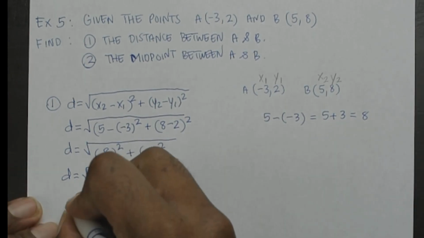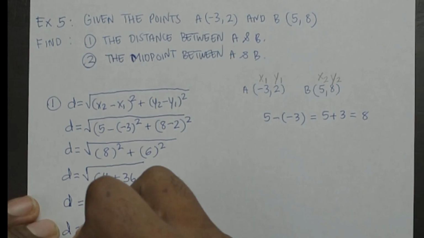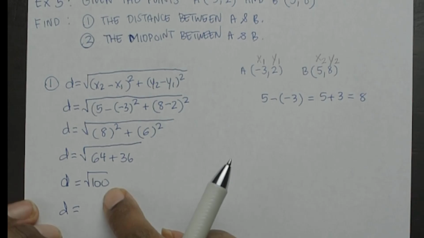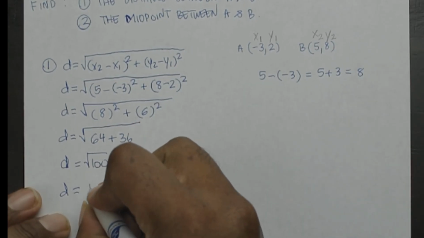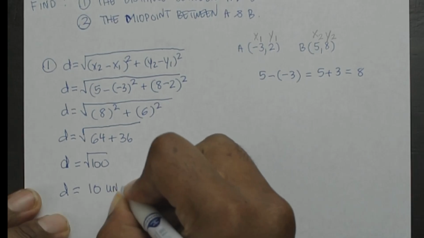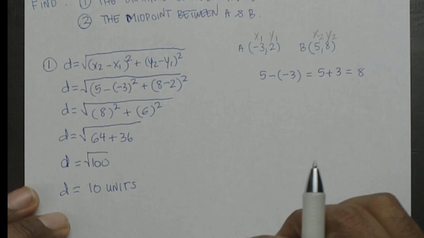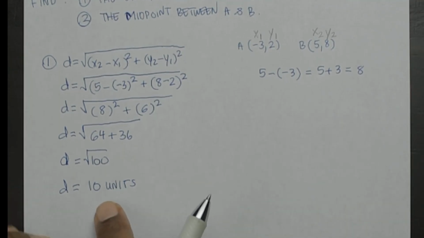So we're one step away. 64 plus 36 is going to give us root 100, and that is a perfect square, which results in 10 units being the distance between those points. So the distance between the 2 points is 10 units.